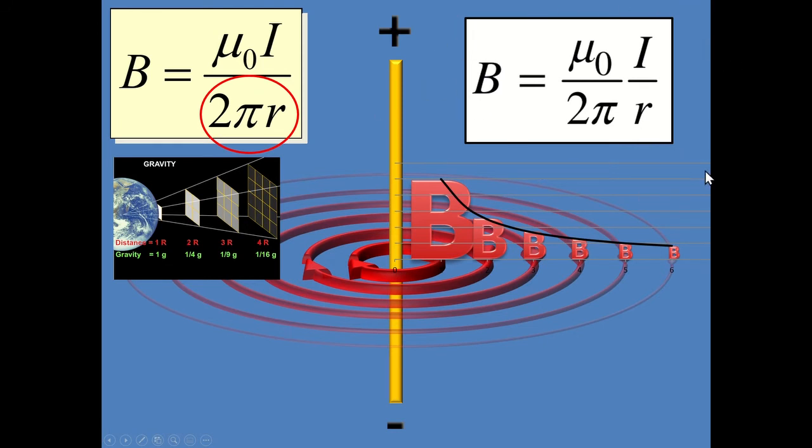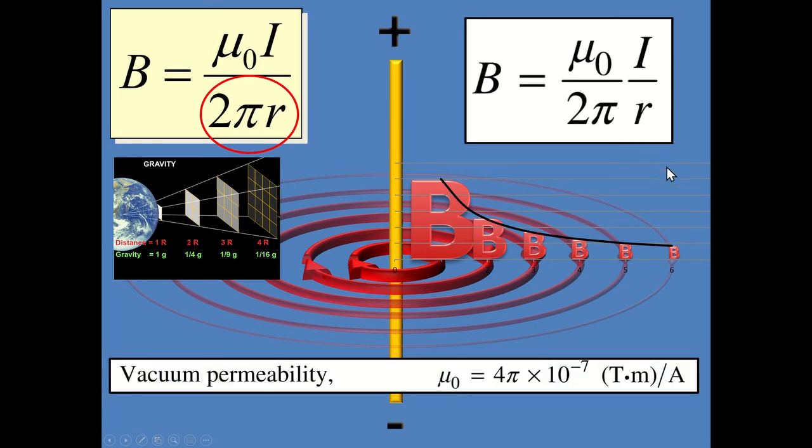So we can check this equation off our equation list as well. This just tells us how strong the magnetic field is around a wire that is carrying current. It depends on how much current is running through and how far we are from that wire.